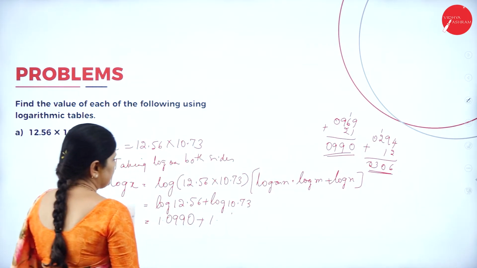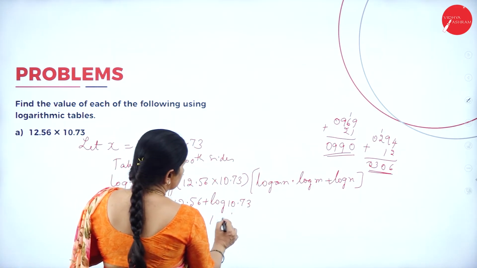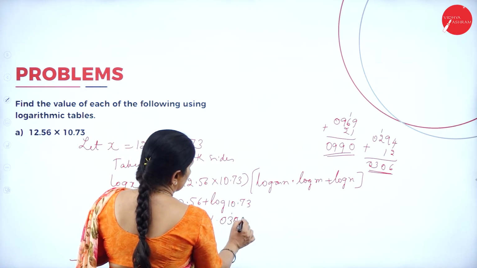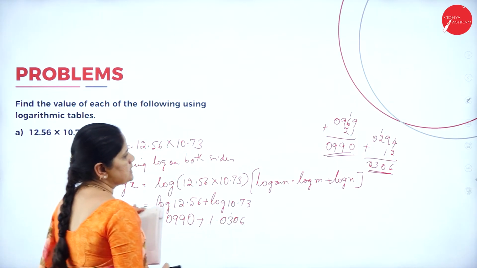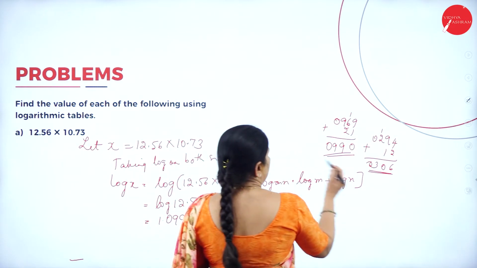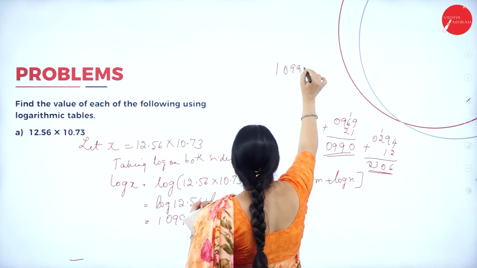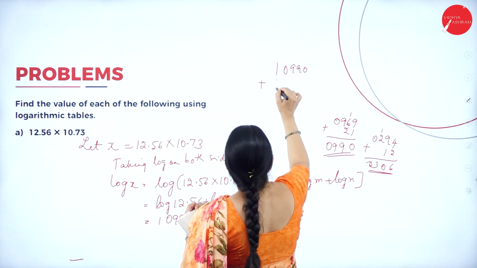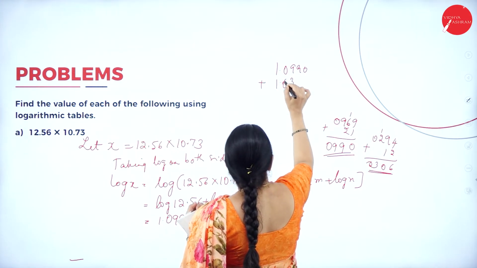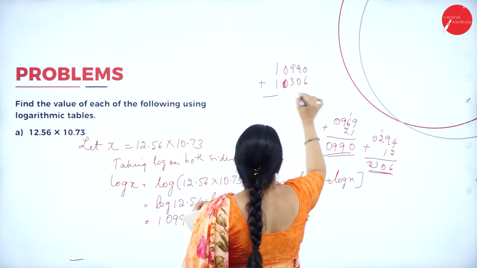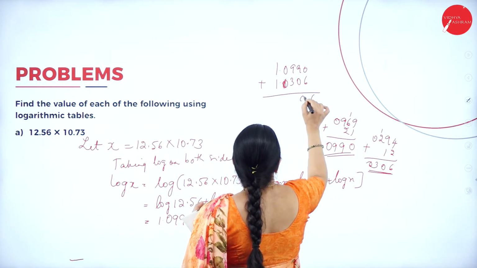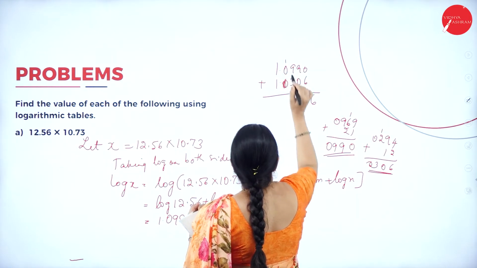Now I write it here 1.0306. Now add both the values. 1.0990 plus 1.0306. Add both, 10, 11, 12, borrow 1.